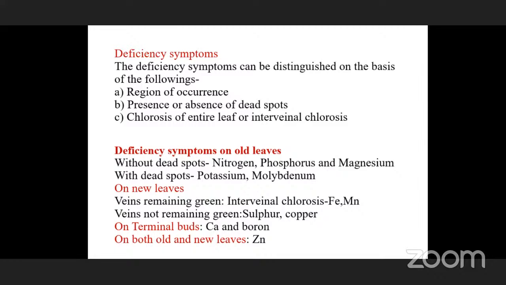With dead spots: potassium and molybdenum. New leaves, some remaining green and some not. Veins remaining green, meaning interveinal chlorosis, like iron and manganese. Veins not remaining green: sulfur and copper. Terminal buds: calcium and boron. On both old and new leaves: zinc.